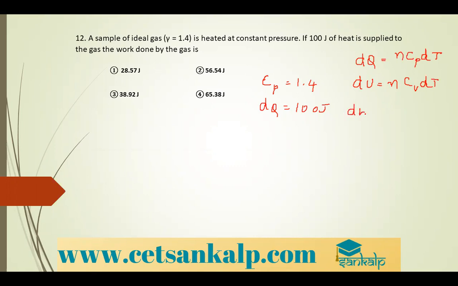So finally you can write dW is equal to dQ minus dU. So when you substitute that, you can take n and dT common. So Cp minus Cv, correct?